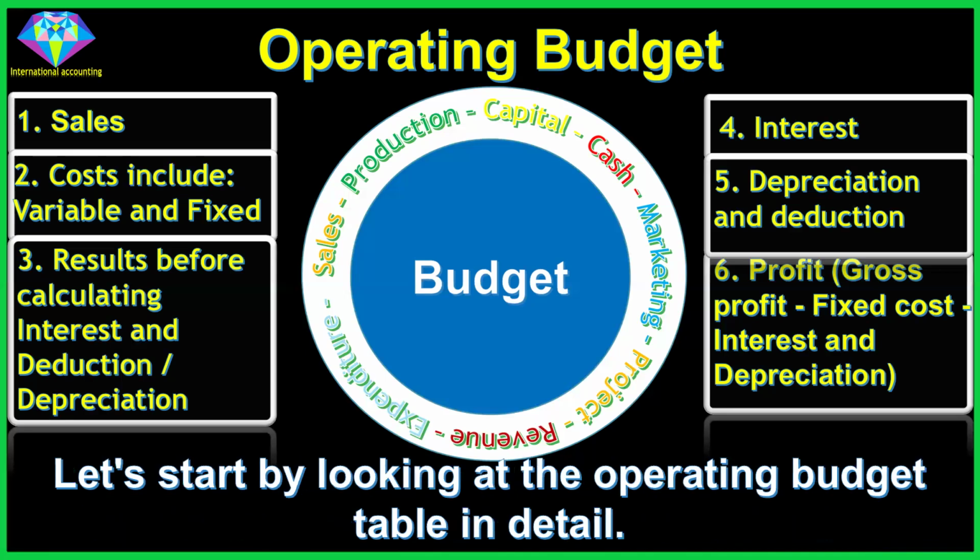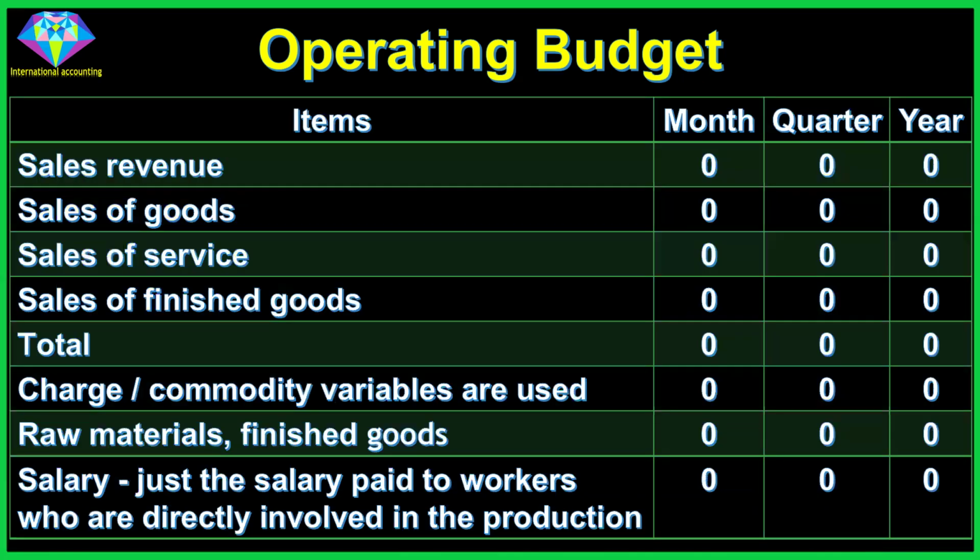Let's start by looking at the operating budget table in detail. This is a sample operating budget form that includes the following columns. Items. The plan column can be monthly, quarterly, or yearly depending on the company's policy. In the items column, there are important indicators such as sales revenue, sales of goods, sales of service, sales of finished goods, total sales.